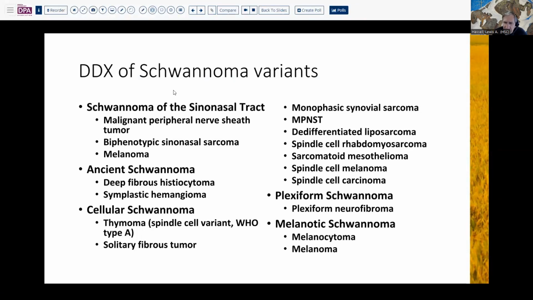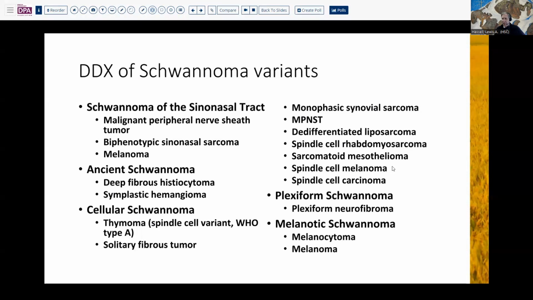So when we think about the differential diagnosis of these schwannoma tumors, probably the most significant one to be concerned about is the cellular schwannoma, where the differential can include solitary fibrous tumor, thymoma, especially if we're in the mediastinum, monophasic synovial sarcoma, malignant peripheral nerve sheath tumor, as well as a number of other malignancies, including spindle cell melanoma and carcinoma.